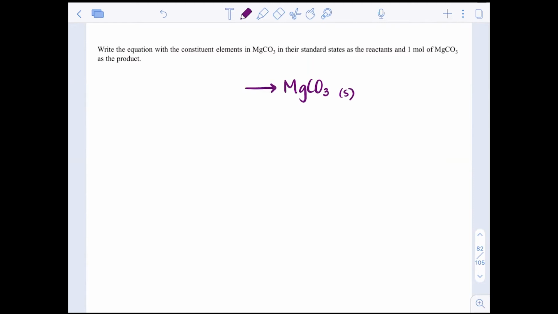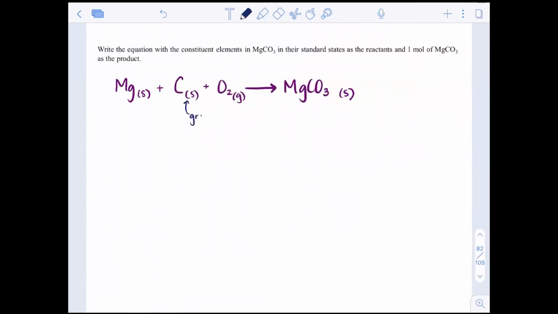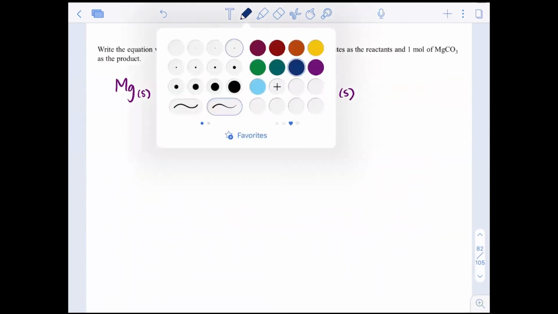The reactant is going to be all of the elements that composed magnesium carbonate in their standard form: magnesium solid, carbon solid, and oxygen gas. Notice oxygen is a diatomic. Specifically, the carbon here could be determined a little bit more specifically as graphite rather than diamonds. You can just write solid. I'll expect you to note that on our chart, we're looking at graphite.